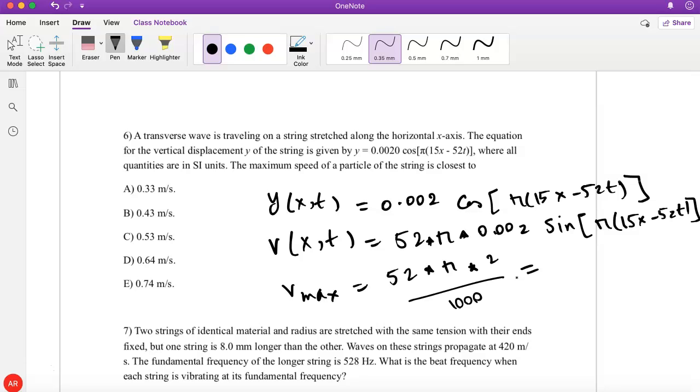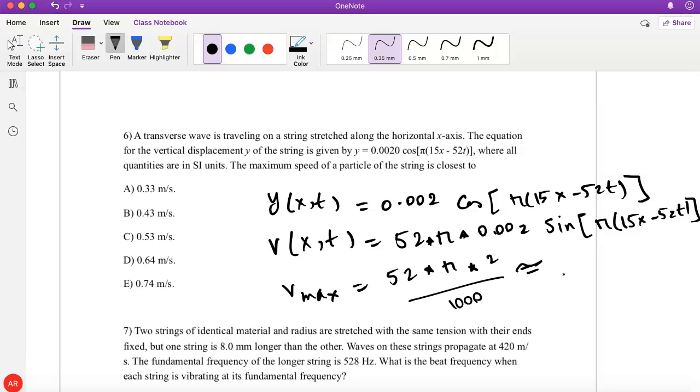Let's say it's 3.14 times 104. I want to take a guess and say it's 3 point something, slightly more than 14 times 100, and then divided by 1,000. So it seems A should be the correct answer, approximately.